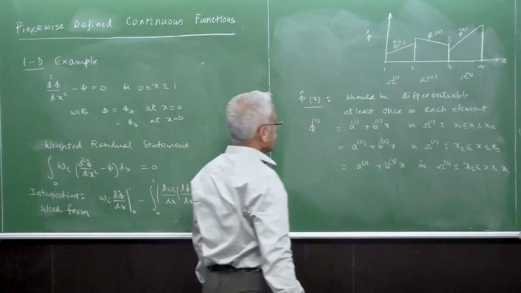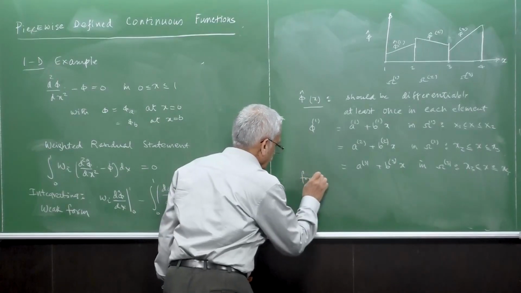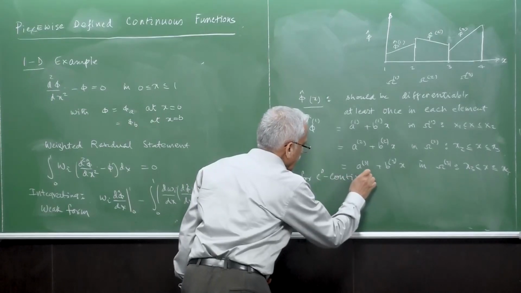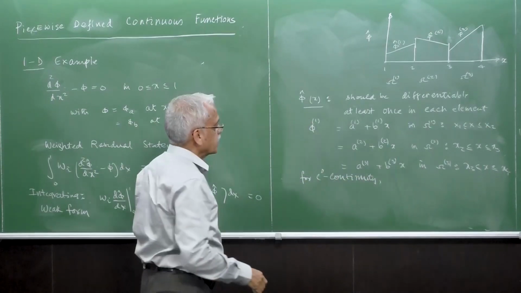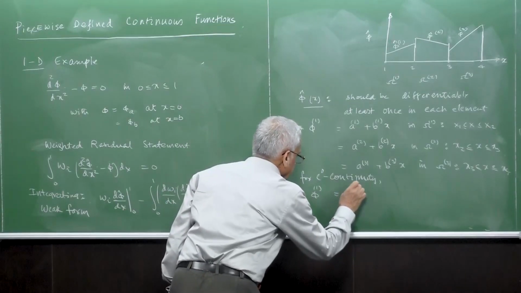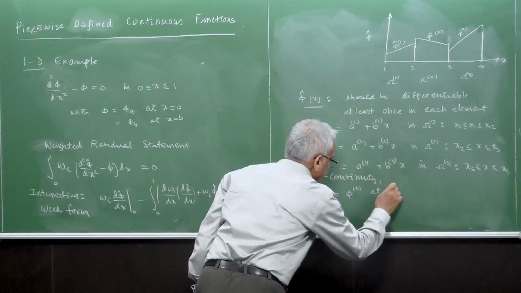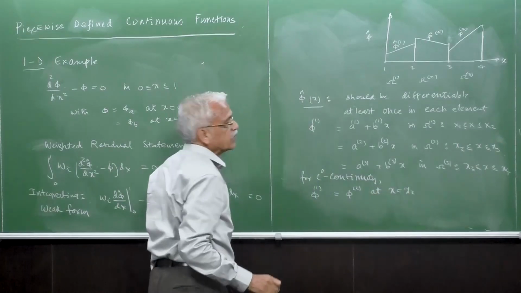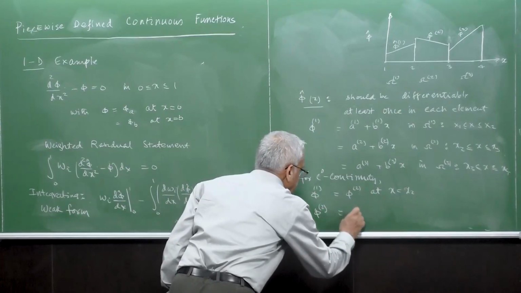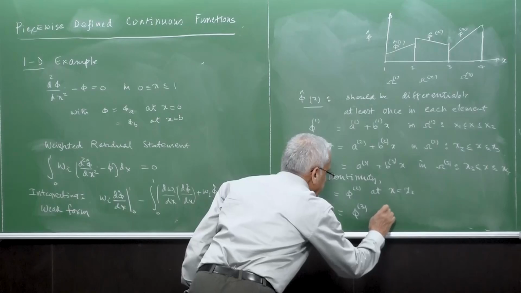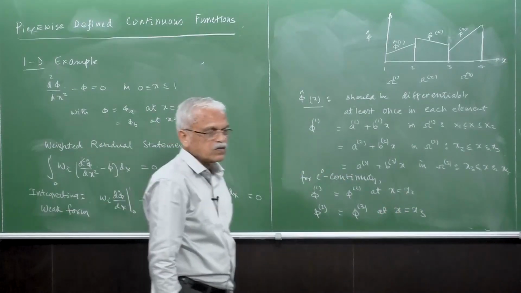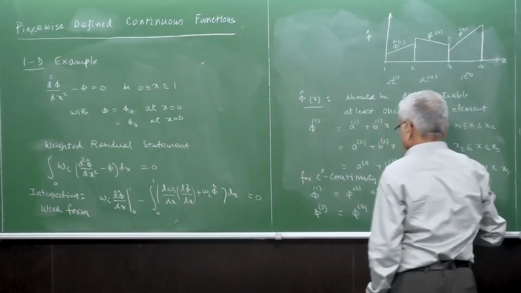So for C0 continuity, phi in domain 1 should be phi in domain 2 at x is equal to x2. This is very important. Similarly, phi in domain 2 should be equal to phi in domain 3 at x is equal to x3. So for C0 continuity, we should have this kind of condition.